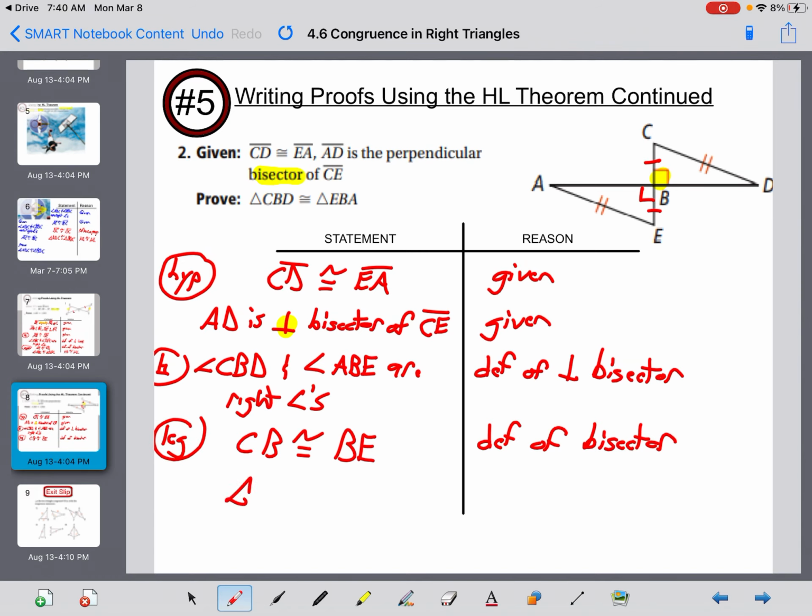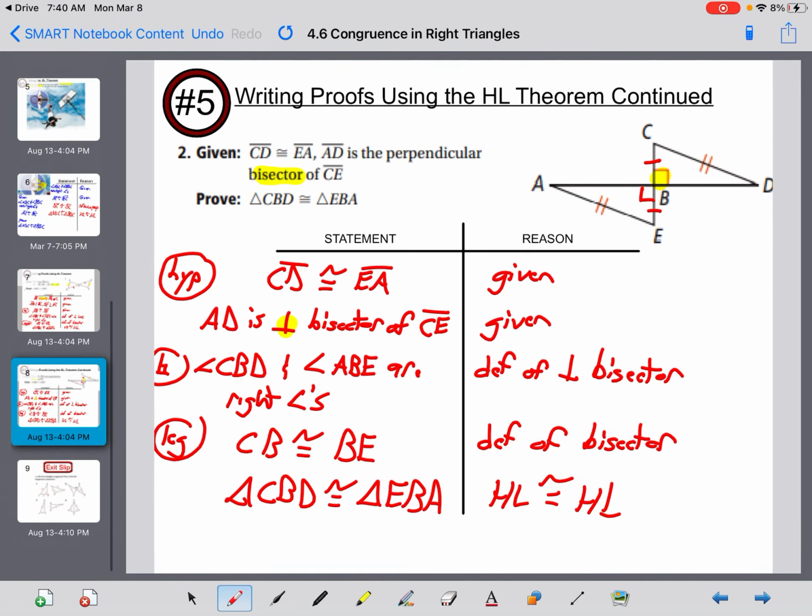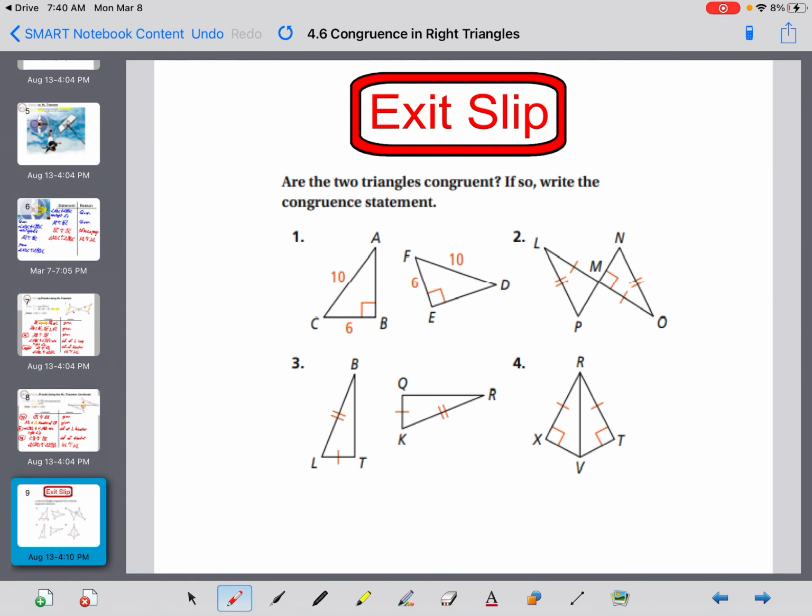So now we can say the two triangles are congruent because hypotenuse leg is congruent to hypotenuse leg. Okay. For your last one, you're just going to tell me if the pair is congruent or if they are not congruent, okay? If so, write the congruency statement.